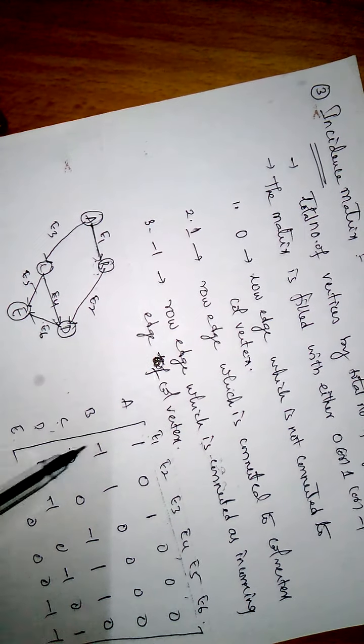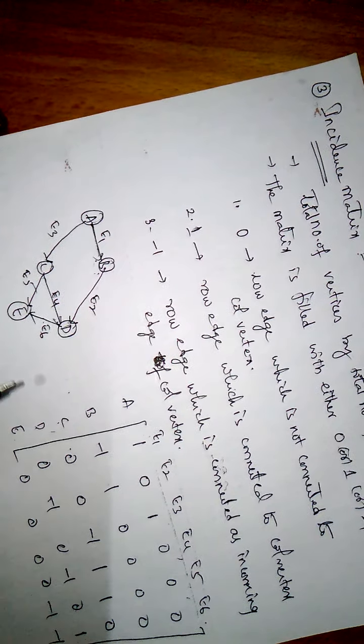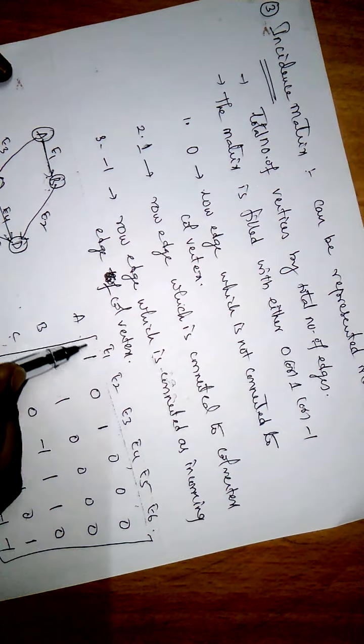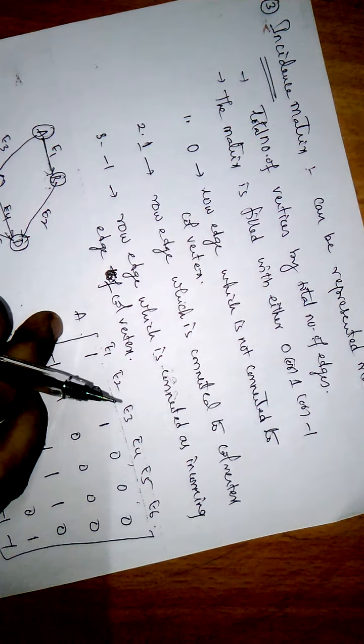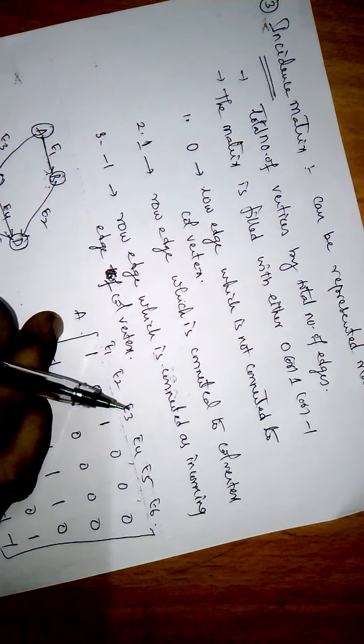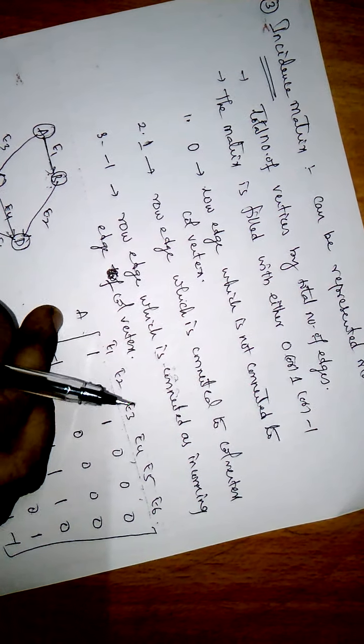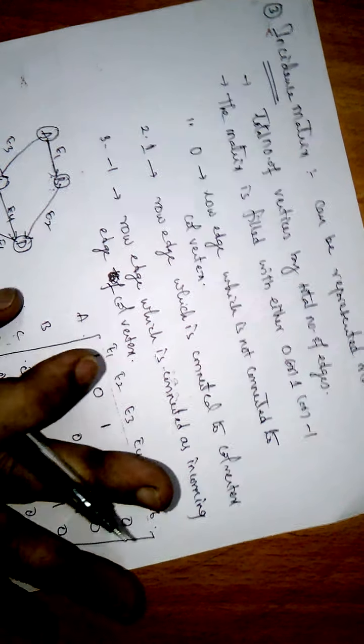Now this matrix contains values either 0, 1 or minus 1. If there is an edge which is outgoing from a vertex, it is represented as 1.